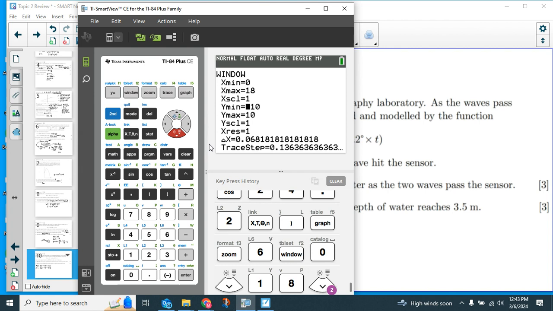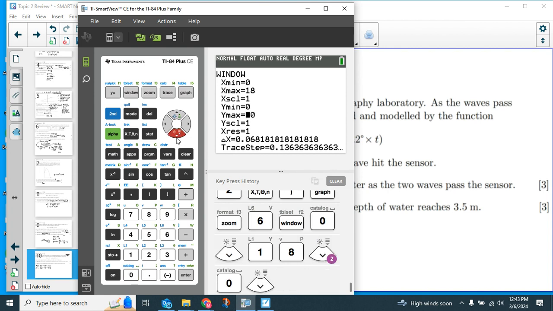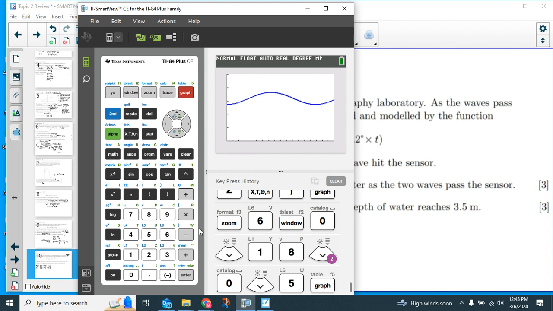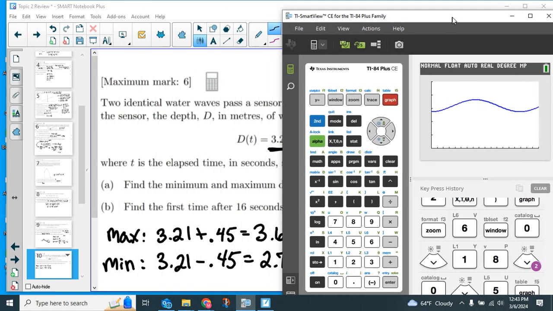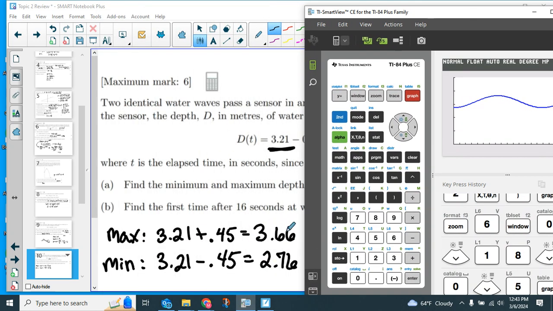I like to see my graph a little bit closer than that, so I would probably just say 0 to 5 or something. That should be good. So again, you can do second trace, find the maximum, second trace, find the minimum. But they're going to be these. Are we okay?